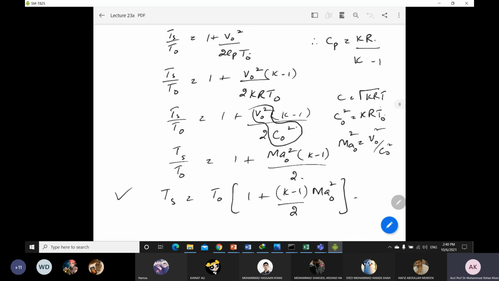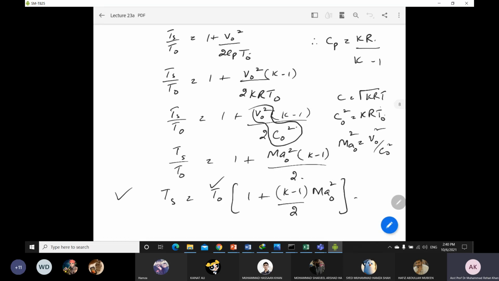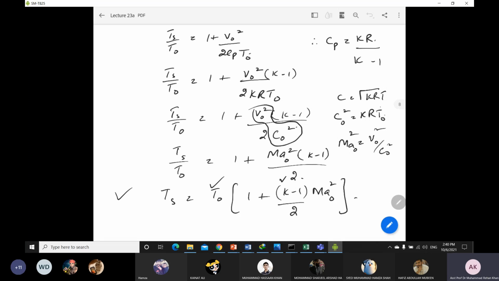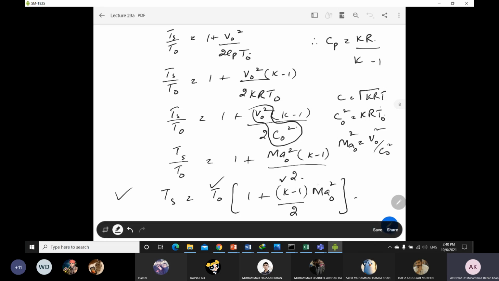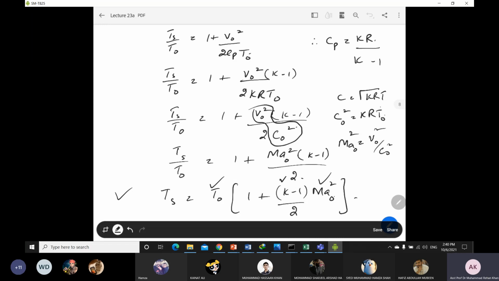This is the equation by which you can easily find the stagnation temperature. If the temperature at point O or the initial point is known, the specific heat ratio K of the working fluid is known, and the Mach number at point O is known, you can easily find the stagnation temperature from this equation.